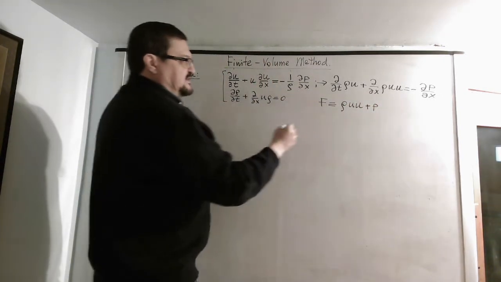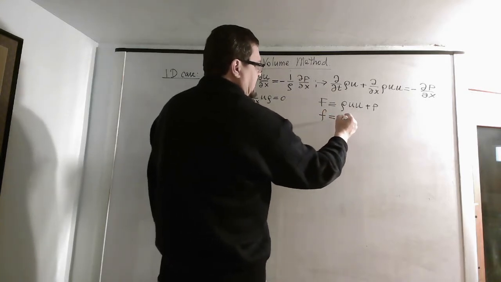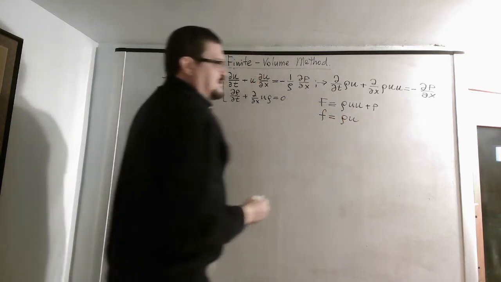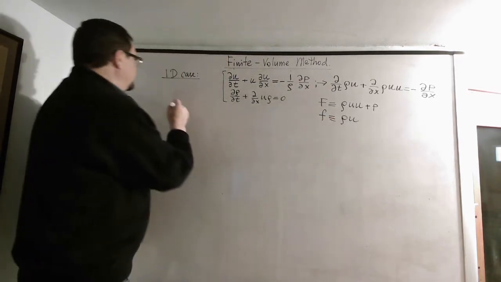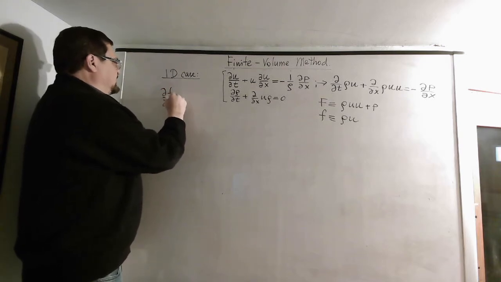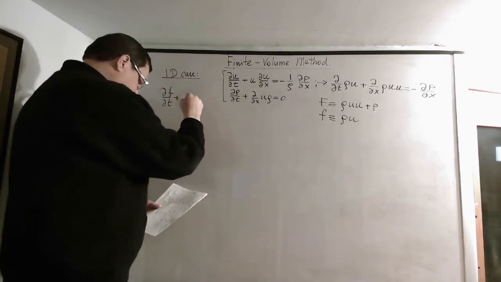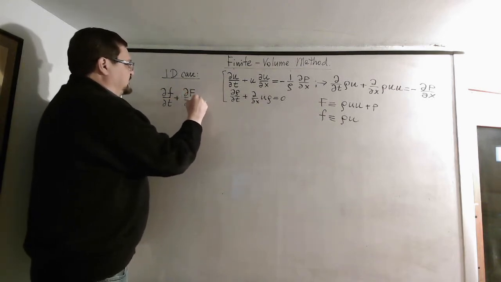Then this equation will be written as df dt plus dF dx equals 0.